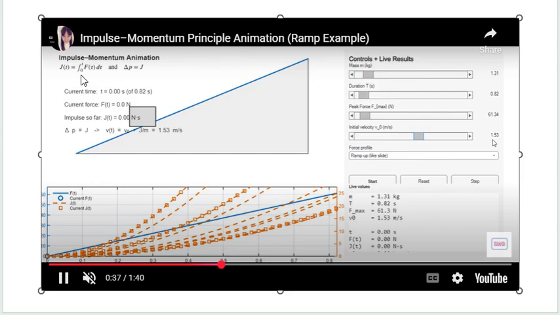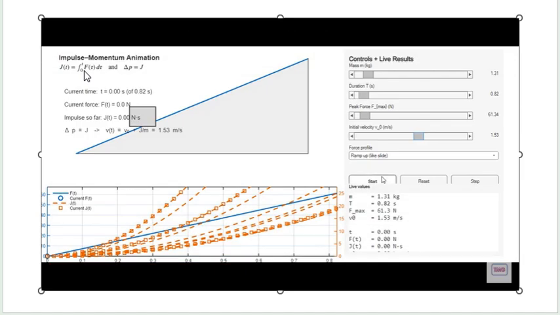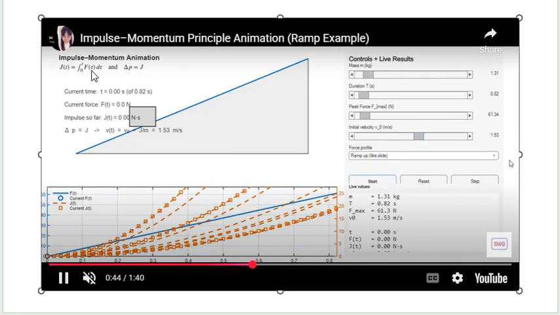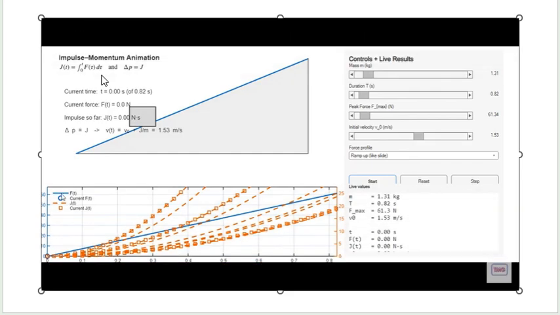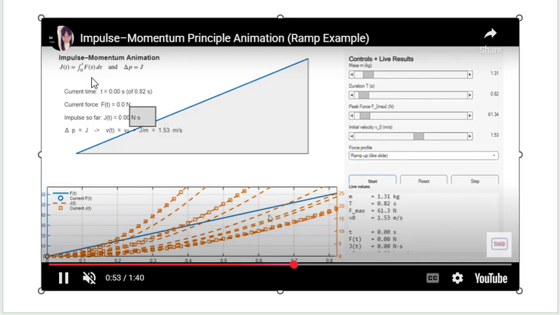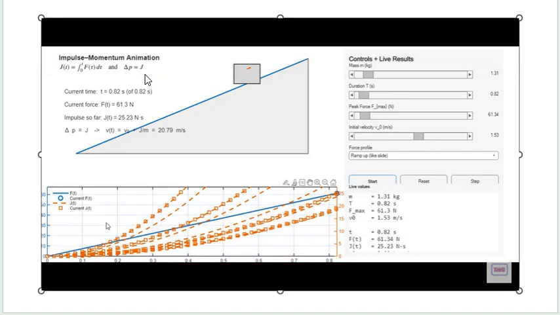In calculus, we write it with integration to look at area or volume. This is telling you we're moving away from the one-dimensional calculation, getting into x and y, or two dimensions, so we have to go with calculus. Of course, here we simply say delta p is equal to J, which is change in momentum is your impulse. Do not forget that.